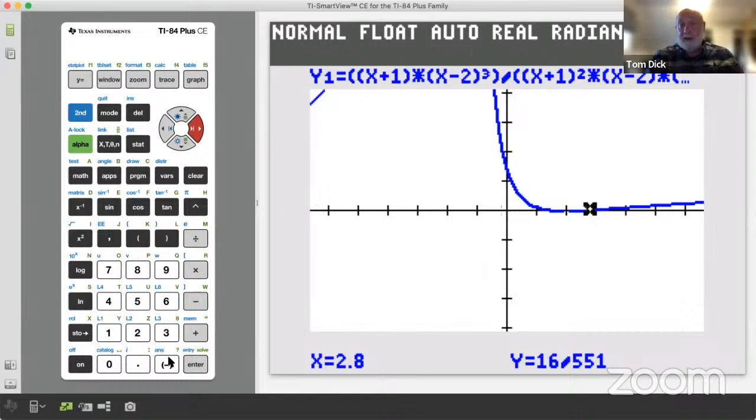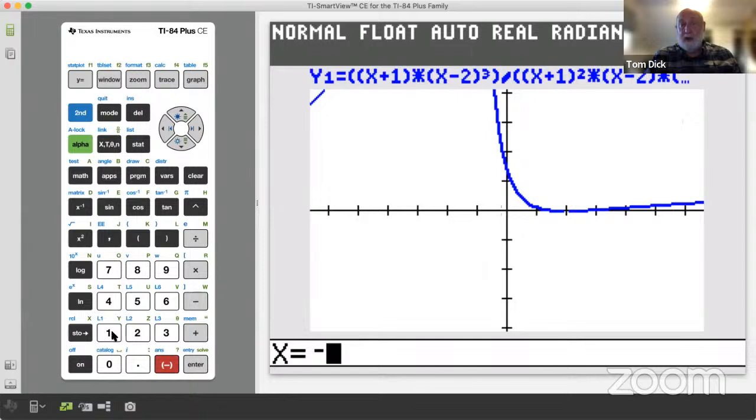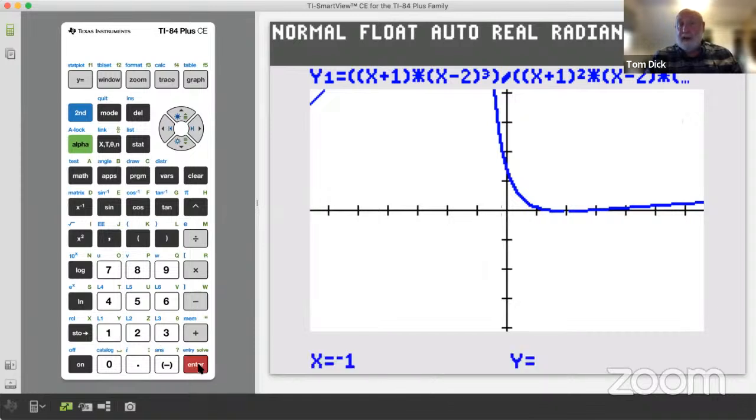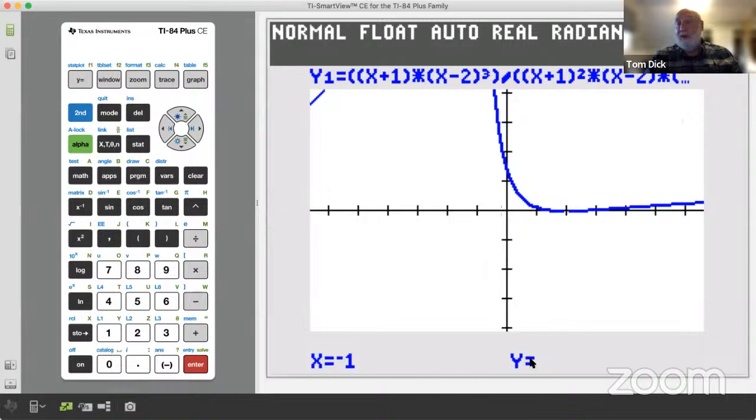For example, if I typed in -1, because looking at the expression, it looks like the numerator is 0 at -1. What happens if I plug that in? Oops, no Y value at all. That's because that factor of x plus 1 is also showing up, actually 2 times, in the denominator.